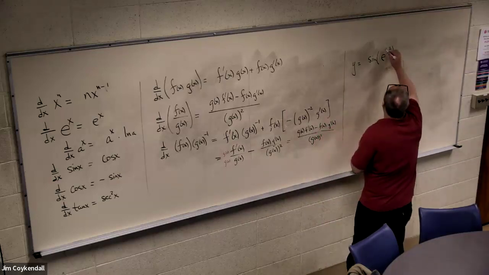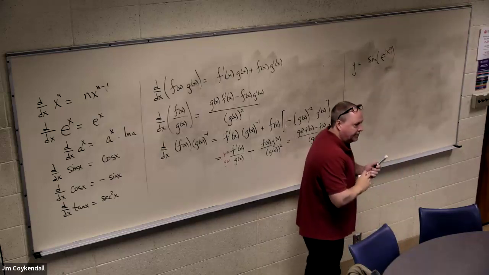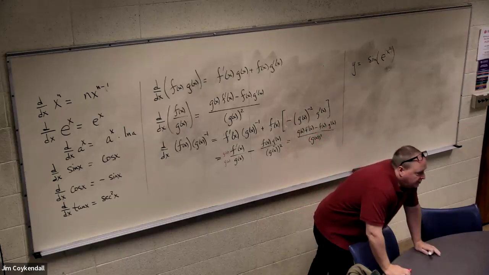I always put in more parentheses, which will help you along with it. Now, doing the chain rule is basically being good with bookkeeping.